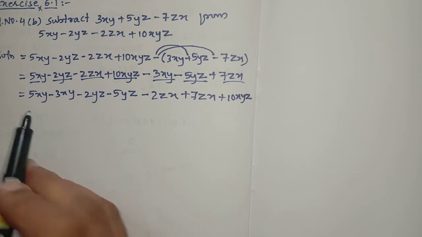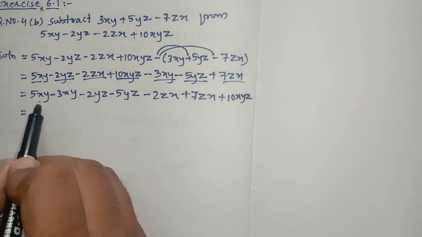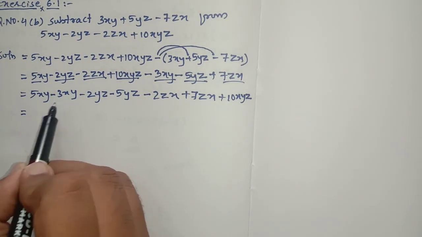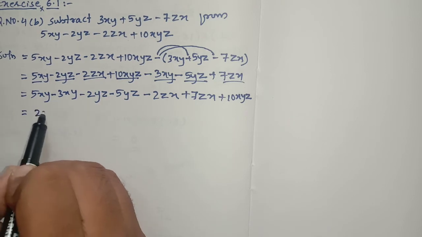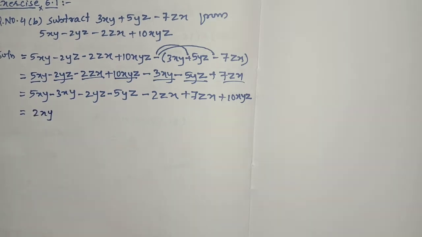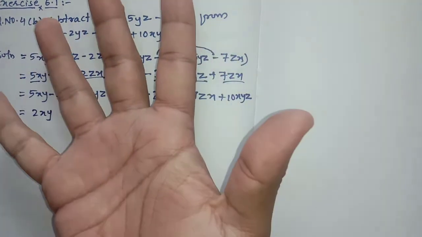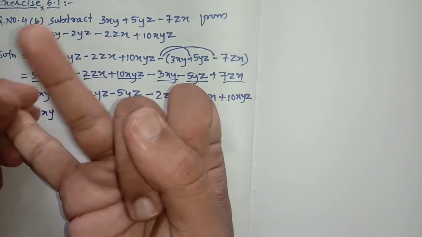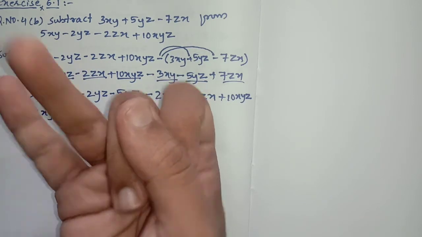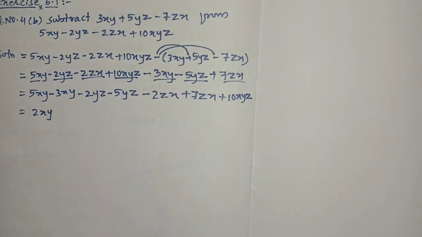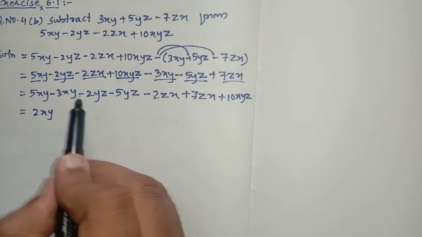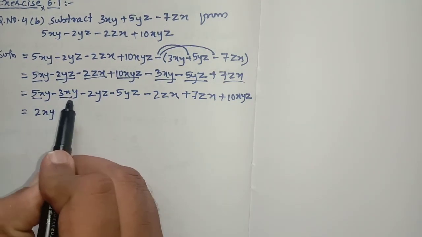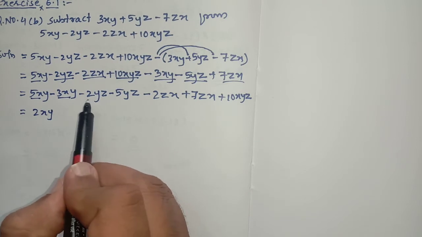Now 5xy minus 3xy will be 2xy, student. We have 5xy. What we have done? We subtract 3xy. So how many xy will remain? 2xy will remain, student. Now these two we solved. Now we will solve these two.